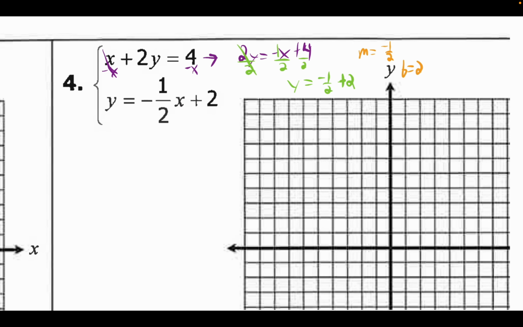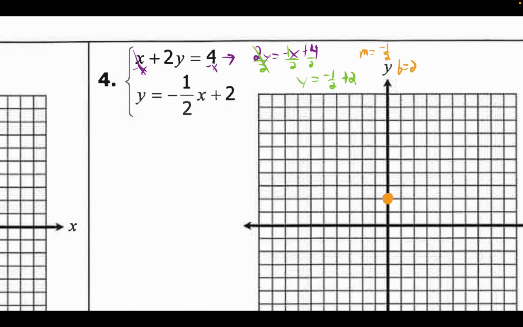So I'm going to graph that by beginning at my b, and I either go up 1 left 2 or down 1 right 2 to go downhill from left to right. As I establish my next one, I notice my slope is -1/2 and my b is 2.